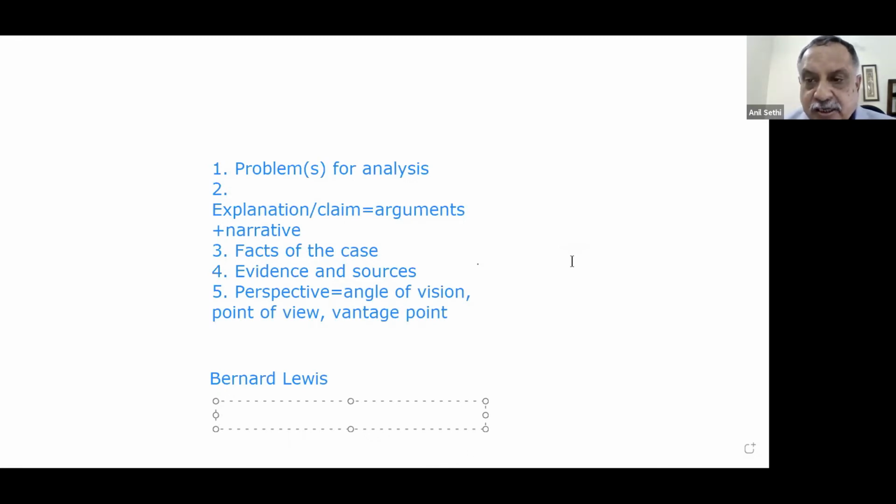You'll be able to see what is the perspective of the peasant, what is the perspective of the inspector, what is the perspective of the state, right, of the district collector, what is the perspective of the peasant's wife. You'll be able to see all the different perspectives. And what is the perspective of the author himself? Okay, so you'll be able to see that.